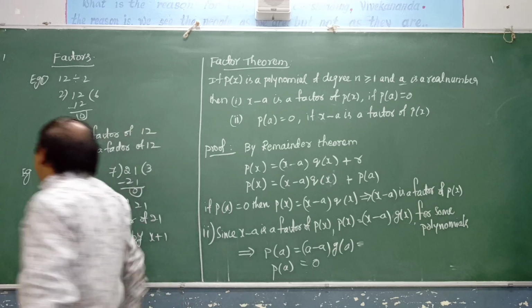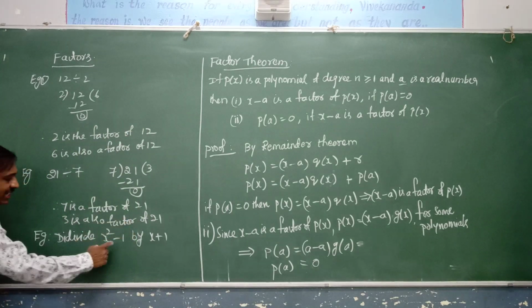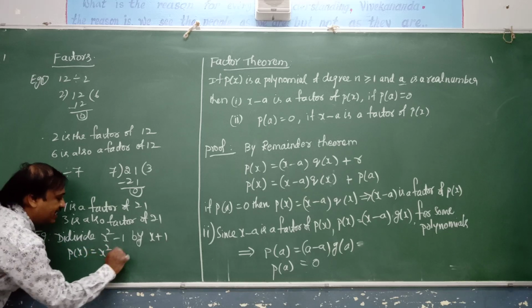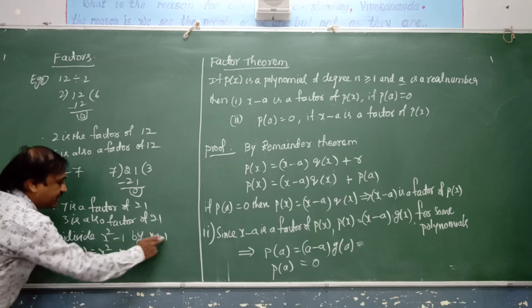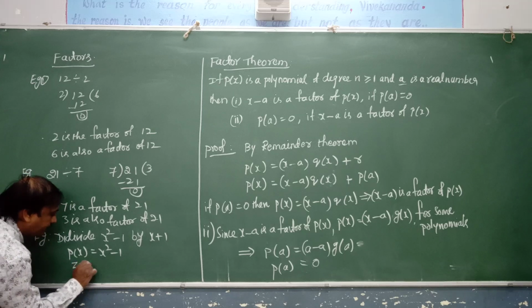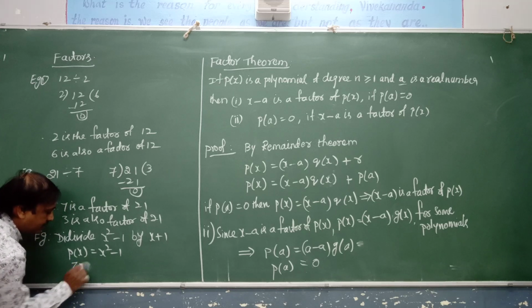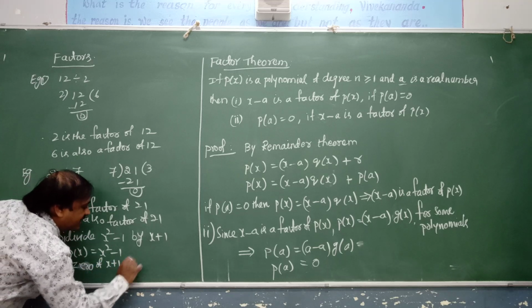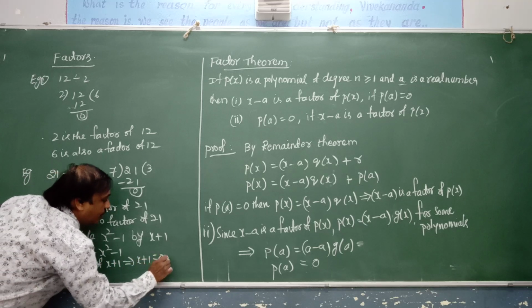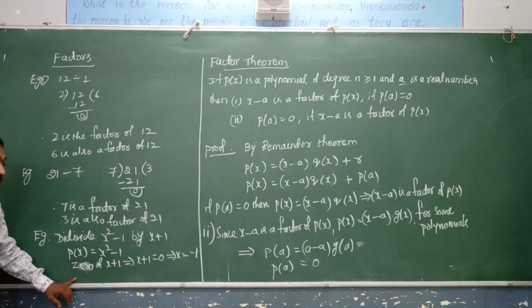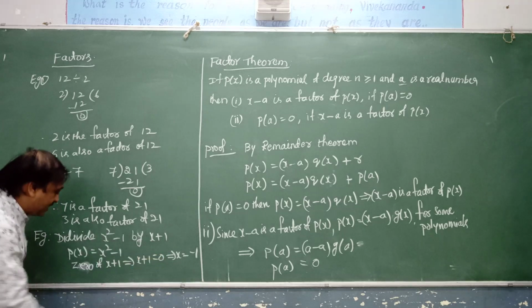Let this be p of x. p of x is equal to x square minus 1 and g of x, that is x plus 1, is given. So x plus 1 equal to 0, which implies x is equal to minus 1. We are substituting minus 1 in place of x.